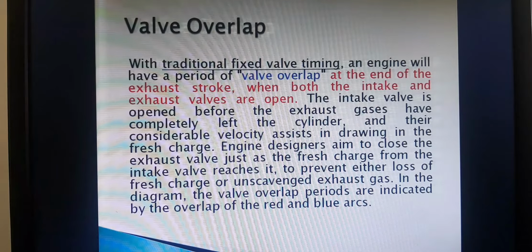In the diagram, the valve overlap periods are indicated by the overlap of the red and blue arcs. So let us see the diagram. There is a period of valve overlap, indicated by the red and blue arcs.